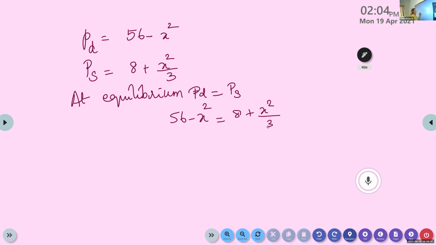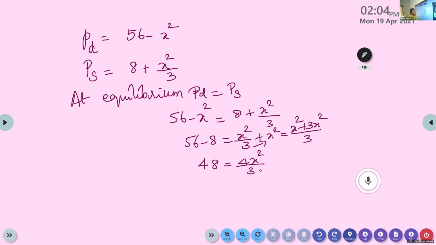The next step, you bring all the x square terms together. X square by 3 plus x square. So if you take the LCM, x square plus 3x square by 3 is 56 minus 8. What is 56 minus 8? 48 is equal to 4x square by 3.